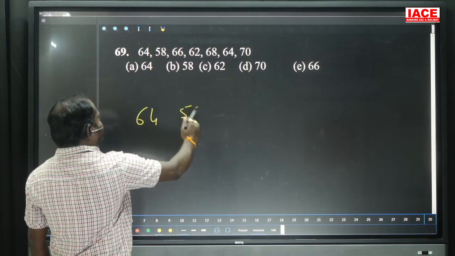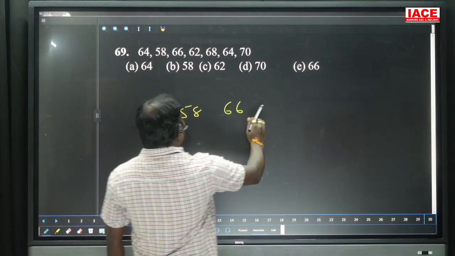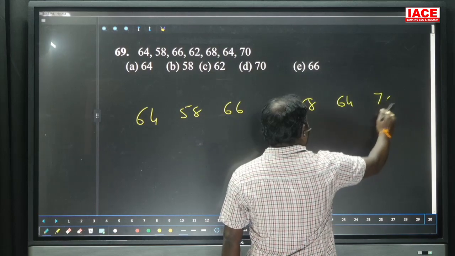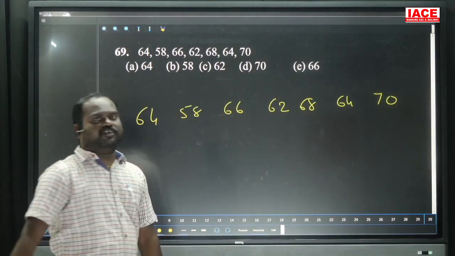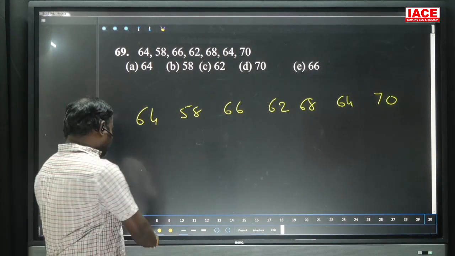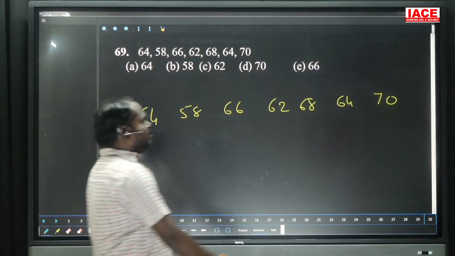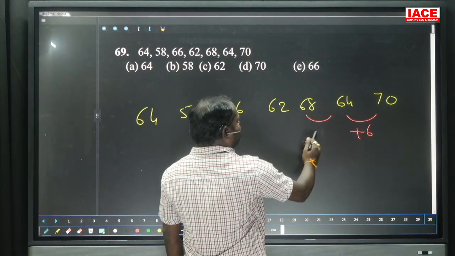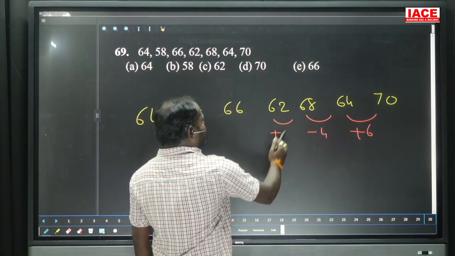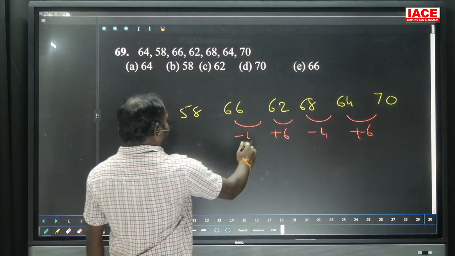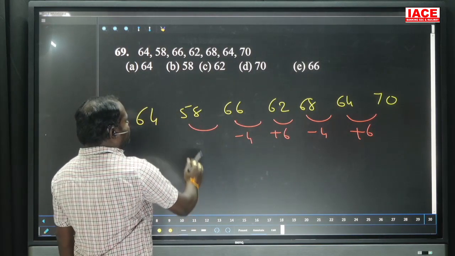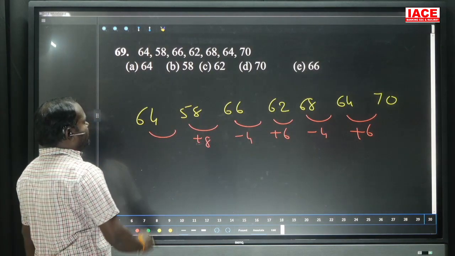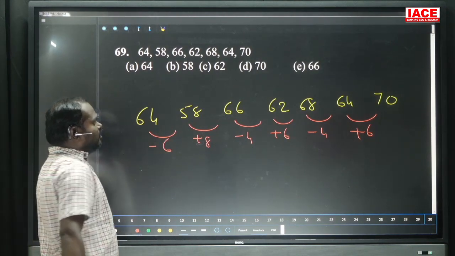64, 58, 66, 62, 68, 64, 70. Now if you observe, all the numbers are near each other only. Take the difference here: plus 6, minus 4, plus 6, minus 4, plus 6, minus 4.